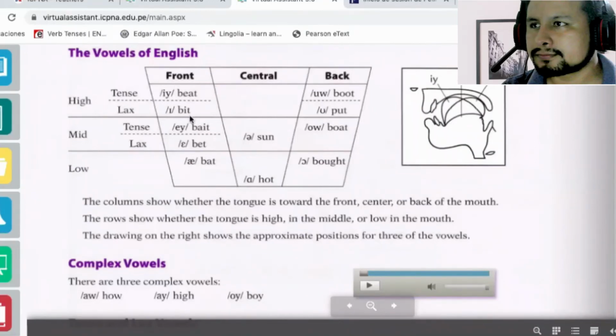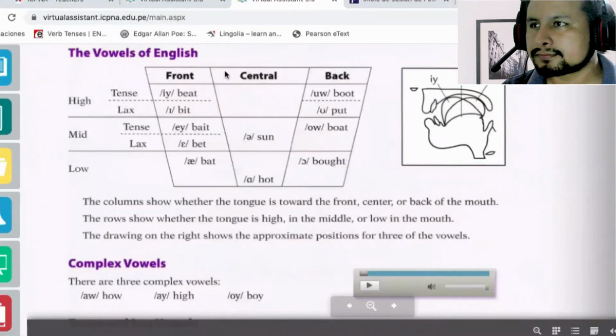That is the difference between the two A sounds. When you say one, the tongue is low, but front. And when you say the other, the tongue is low also, but now is in the center of the mouth, resting. When you say O, now the tongue is in the back. So the position of the tongue is very important.